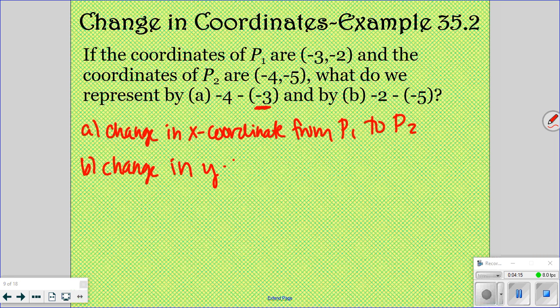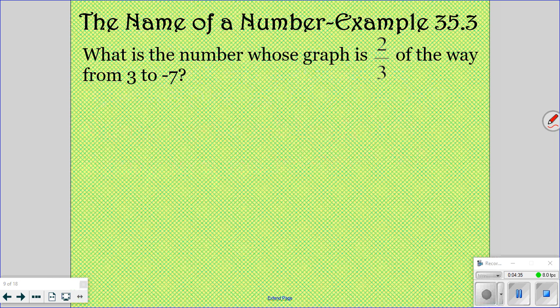So it's a change in your y coordinate. And we're going from this one, so that's P2, to P1. And so that's your answer. So that's what you put on those. Again, it's kind of strange the way they ask you to do it, but that's all you have to do there. Now we're going to move on to the name of a number.